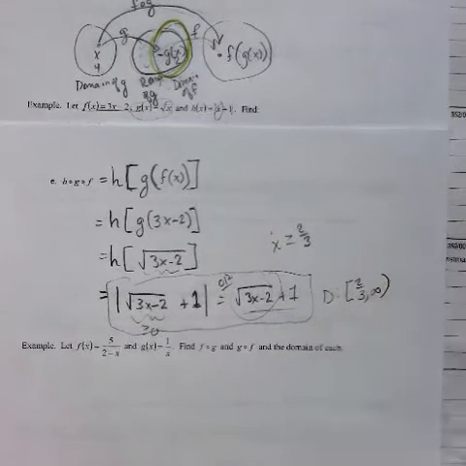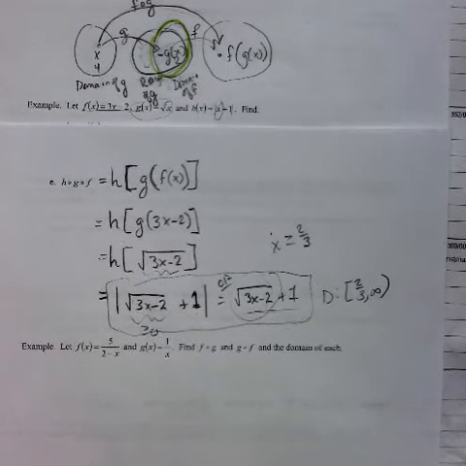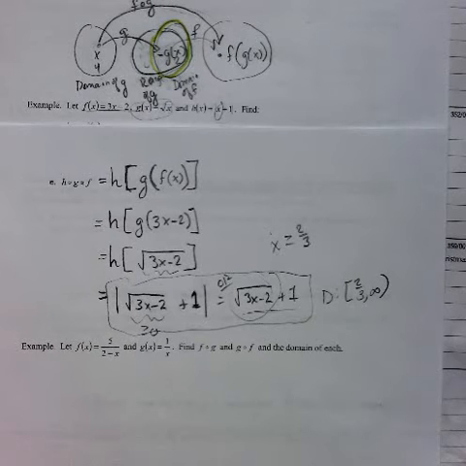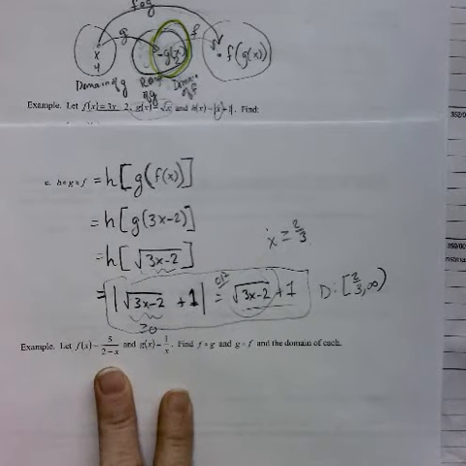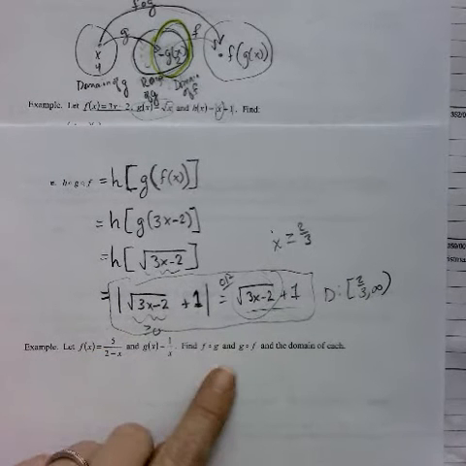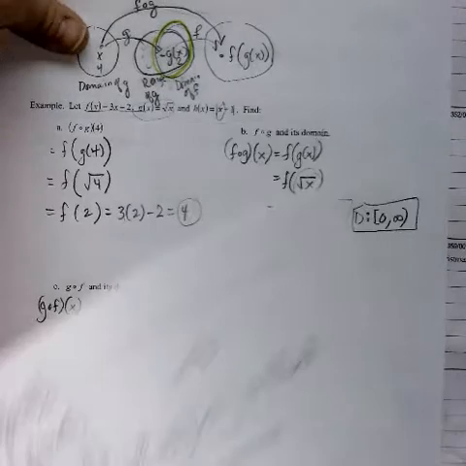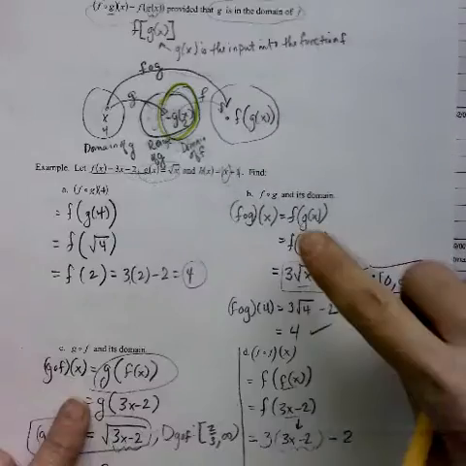Alright, well maybe I'll do one more here, because I'm thinking about this domain some more. So here I have 2 different functions. Notice I want to find both orders of composition, f composed with g, g composed with f. As we've seen in the previous example, those are not necessarily the same function.